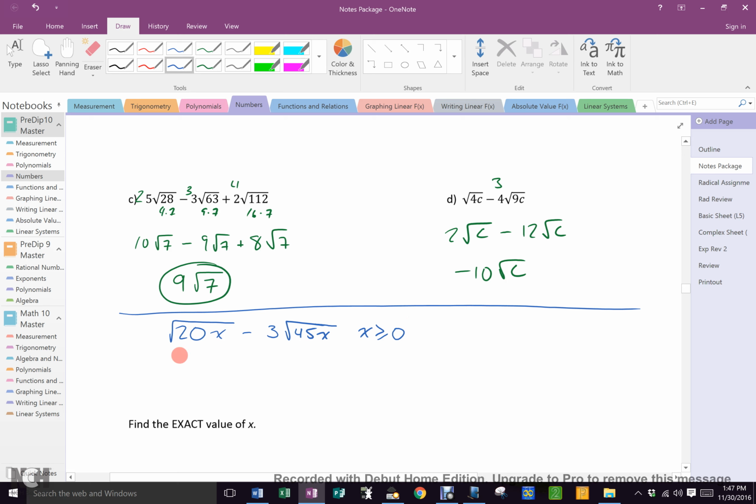So this would be 4 times 5, and the x isn't getting touched, is it? And 45 is 9 times 5, right? And then we would do it normally. 2 root 5x minus 9 root 5x to get negative 7 root 5x. Is everyone cool with that? All that changed is I warned you that sometimes weird stuff like that is going to show up in the questions. Everyone's good?